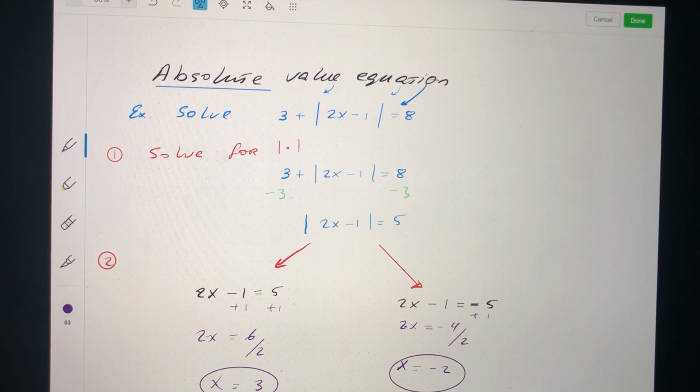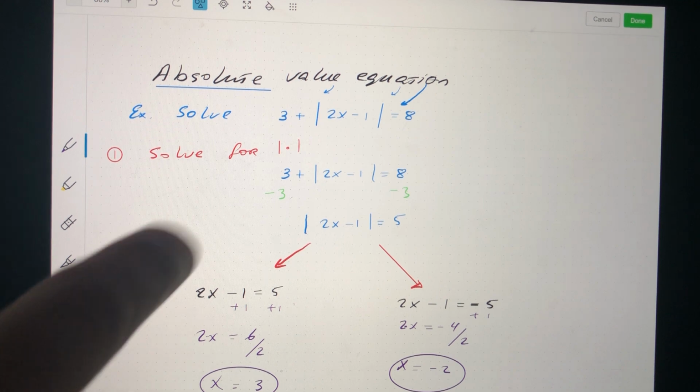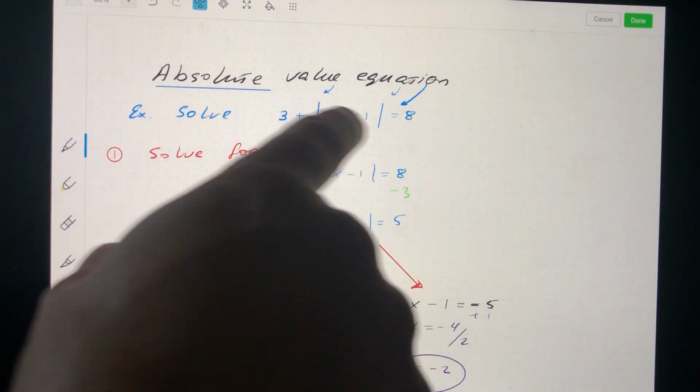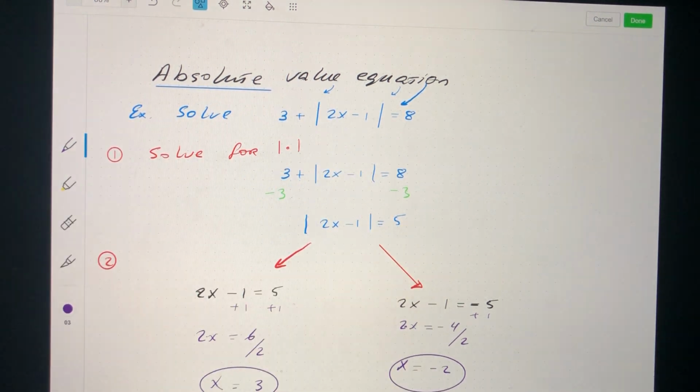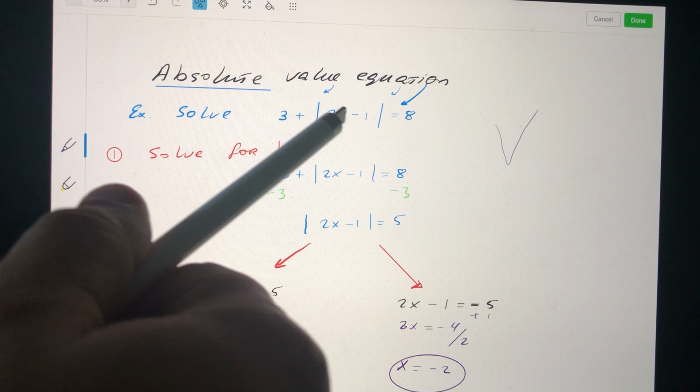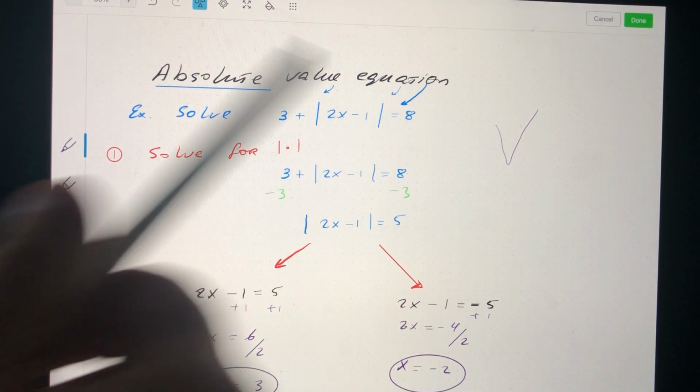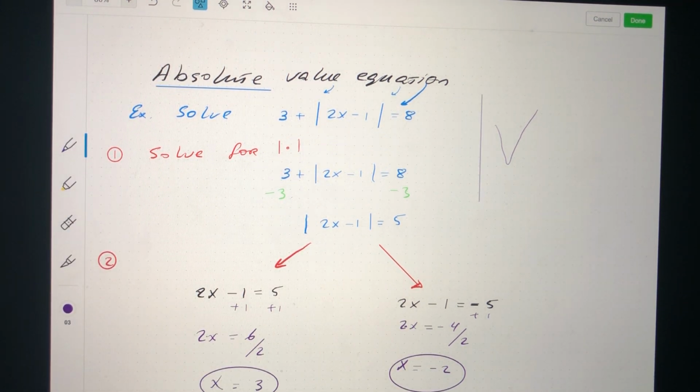Now if we wanted to use a calculator, we could make a sketch of the left side. That would be absolute value. Absolute values look like a V shape, like that. Let me make a little bit better sketch here for our diagram, and then we will do it with a calculator.